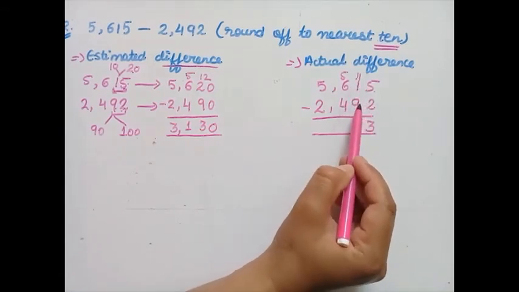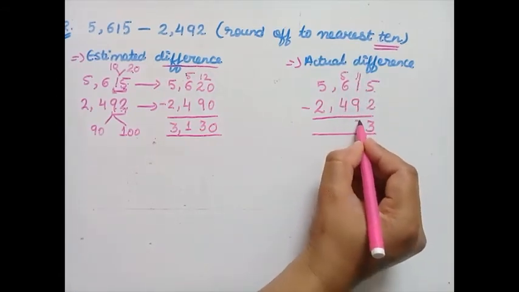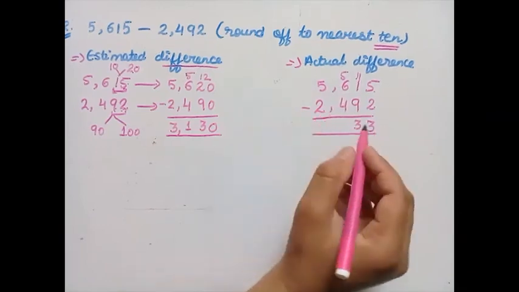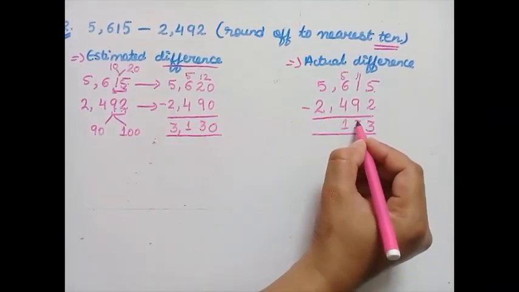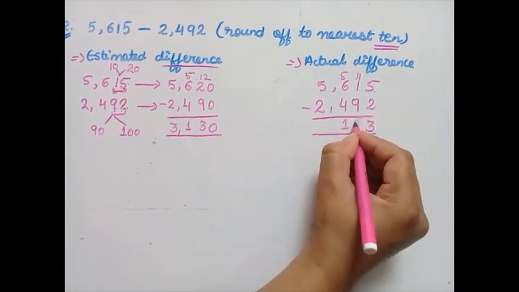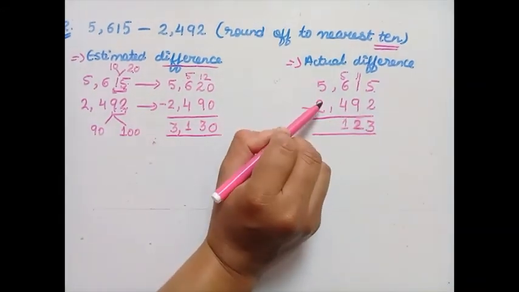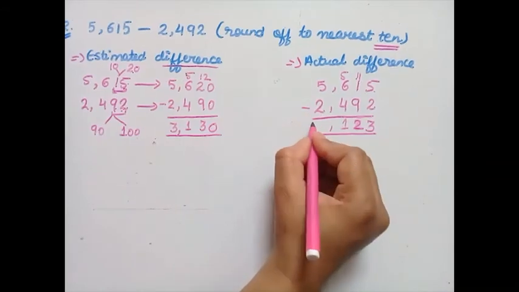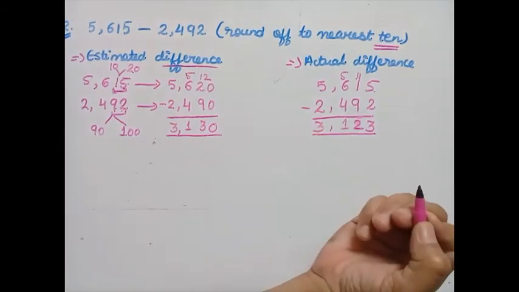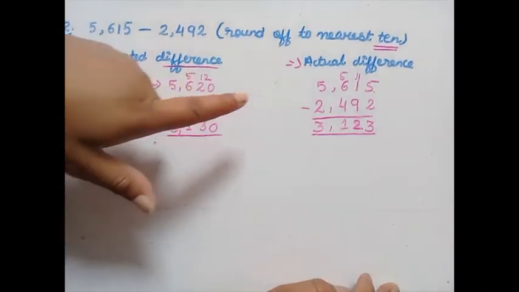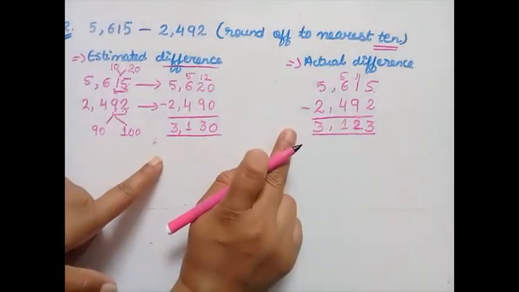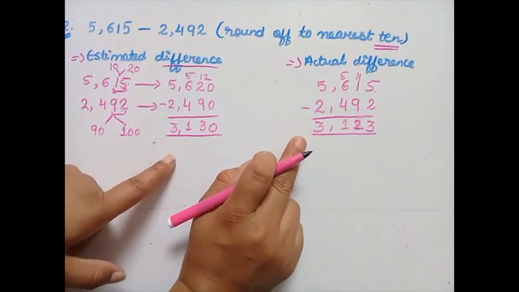So 11 minus 9 is 3. And 5 minus 4 is 1. Here it's 2. And 5 minus 2 is 3. So we have to solve the estimated difference and actual difference both. We have to find both the answers.